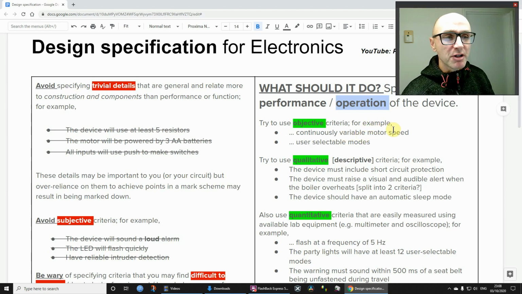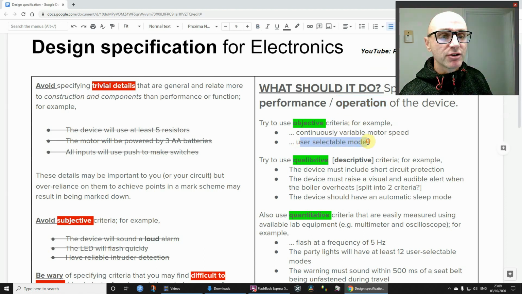And the same for continuous change of brightness or something like that as well. If you said that it shall have user selectable modes, so long as they can be selected, then it is user selectable. It's objective, not subjective. How you select those modes, there could be many different ways.